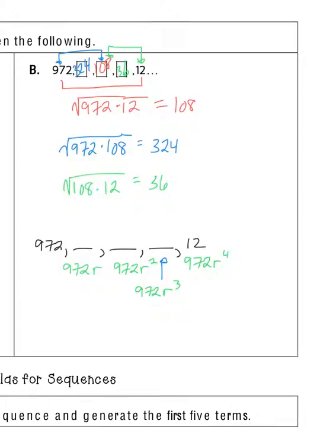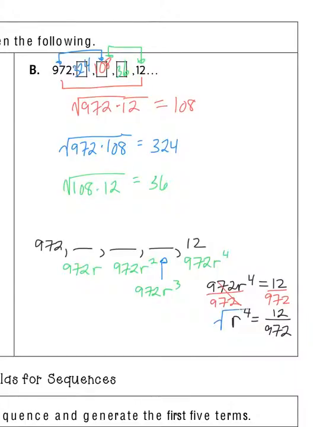So this one I'm actually going to solve and prove to you that I can actually make my way back to those answers. So I would actually then take 972 r to the 4th and set it equal to 12. To solve, I would divide by 972, divide by 972, and I get r to the 4th is equal to 12 divided by 972.